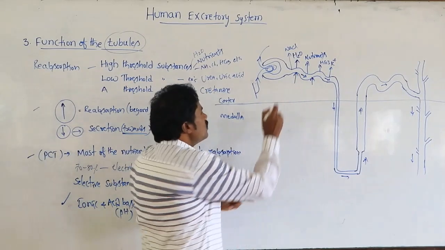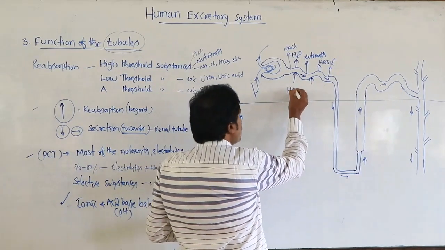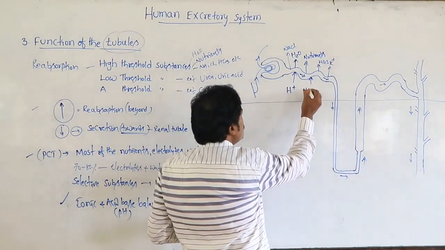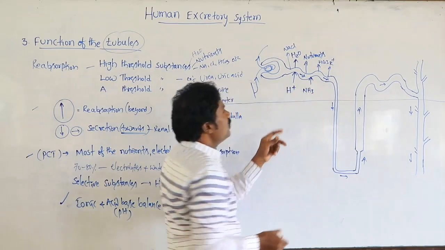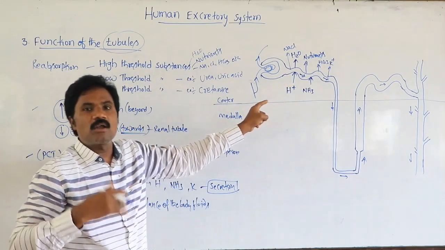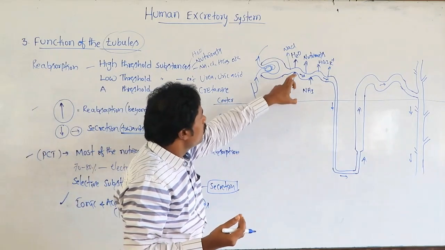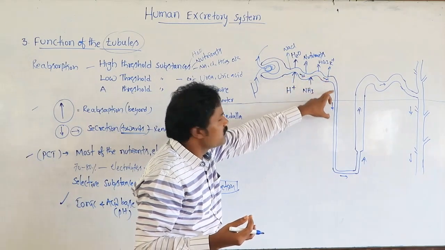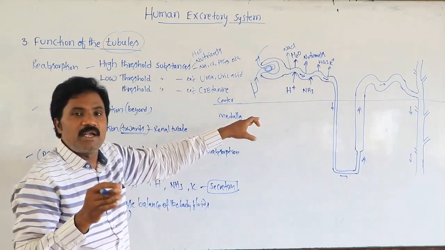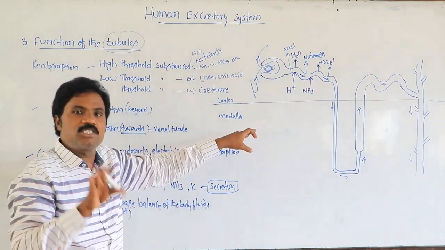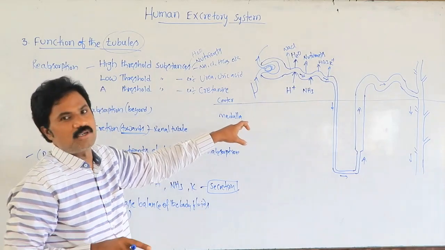This is the secretion. Here H plus as well as NH3 are secreted from the body into the renal tubule. That's why it maintains ionic and pH balance in our body fluids.